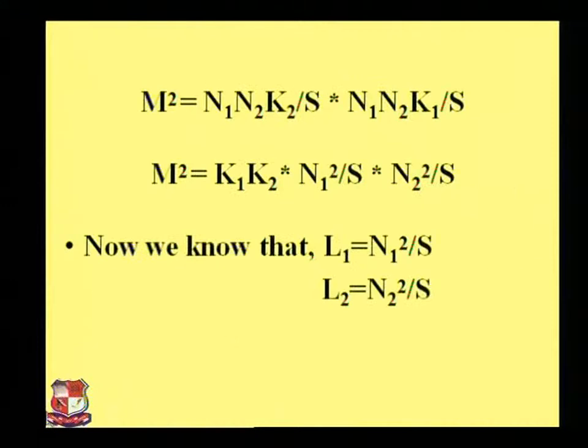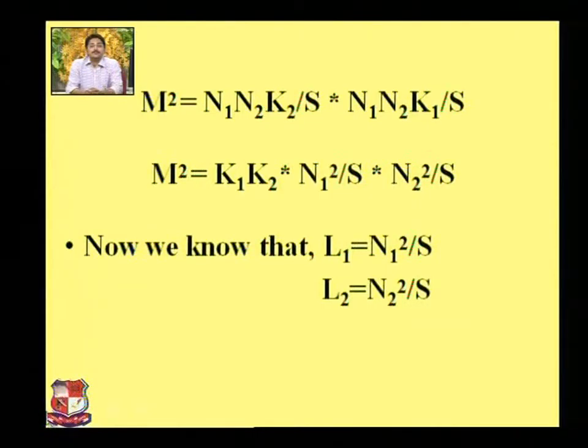Taking the multiplication, M into M, that is M square, equals N1 N2 K2 by S, into N1 N2 K1 by S. So M square equals K1 K2 into N1 square by S and N2 square by S. So this one is the coefficient of the coupling. Now we know that L1 equals N1 square by S and L2 equals N2 square by S.